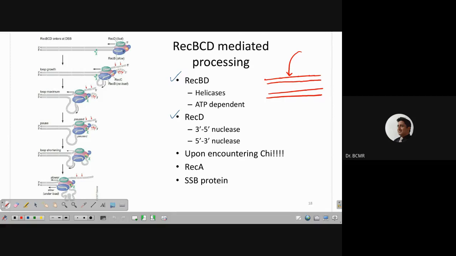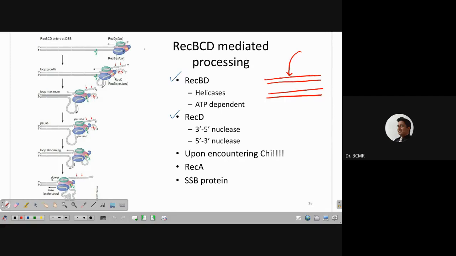They form a multi-subunit complex, which are helicases as well as nucleases, right? Say, for example, the DNA that has come from outside should be processed. If it does not have a Chi sequence, that means it is not E. coli. But if it has a Chi sequence, that means it is likely, more probable.